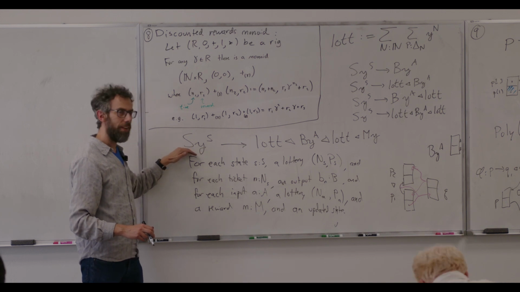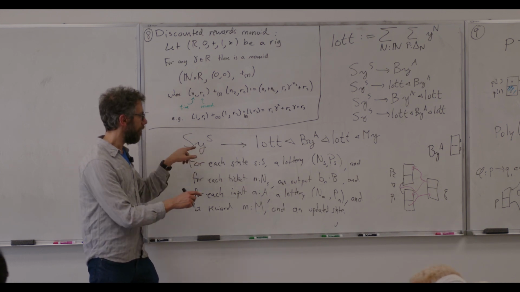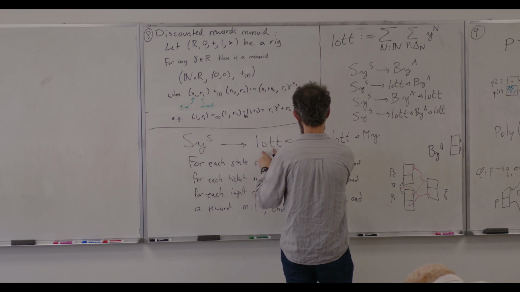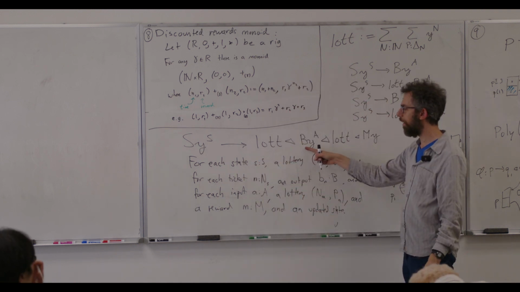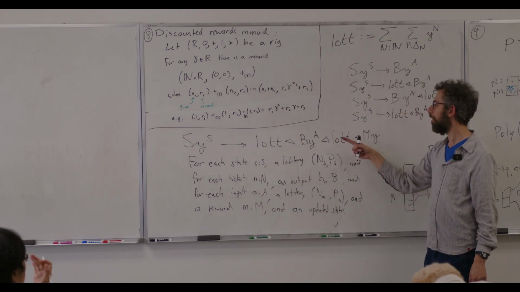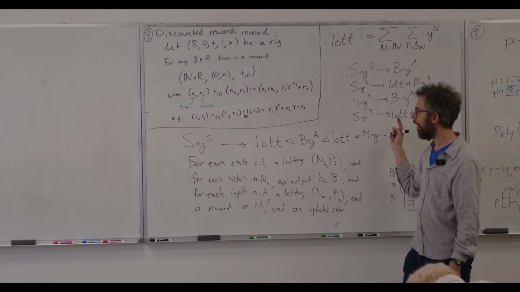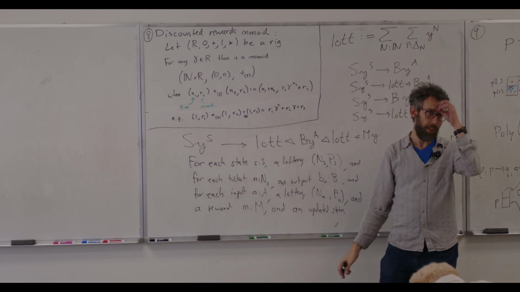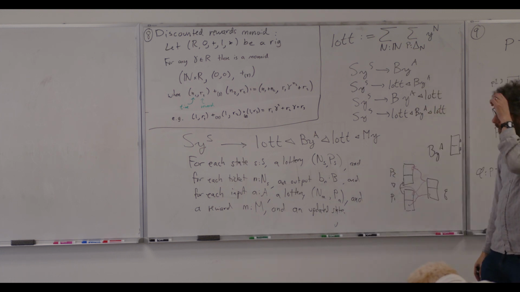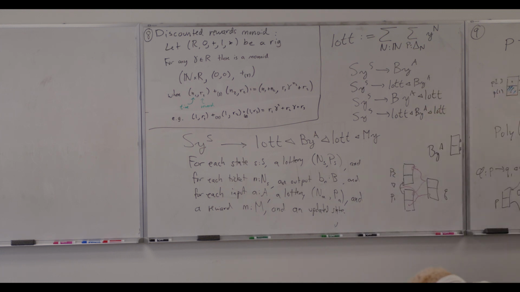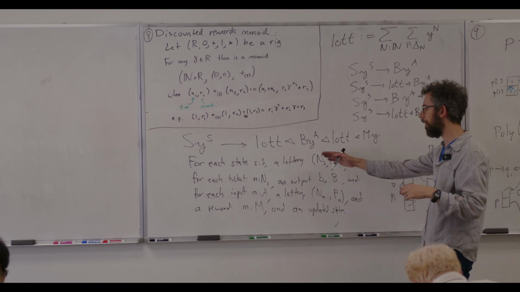So given a state, for each state, a lottery. And for each ticket, an output. And for each input, a lottery, such that for each ticket, I get a reward and a new state. So could I copy that down even as you say it? Yeah, it's written here.